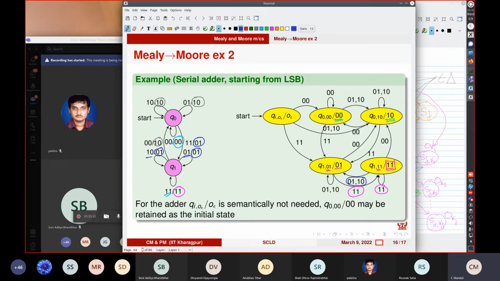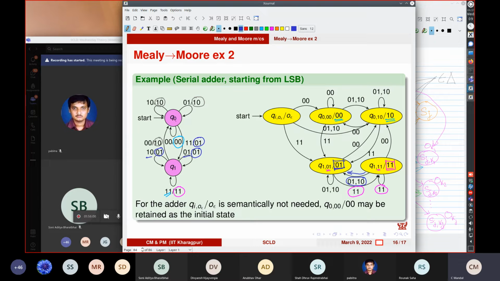So on 1, 0 or 0, 1, I'm making a transition from here to here to get the output 0, 1. All right, so this output I'm getting, and this output I'm also getting when I make a transition from Q0 to Q1.